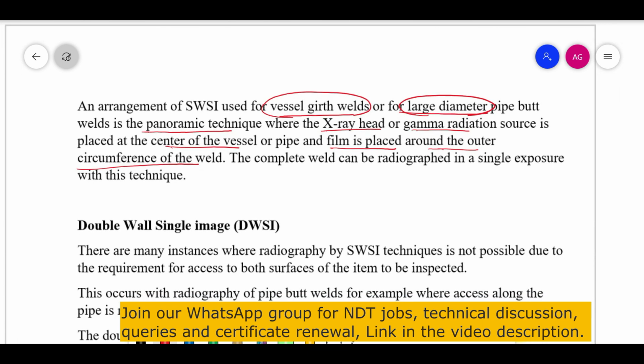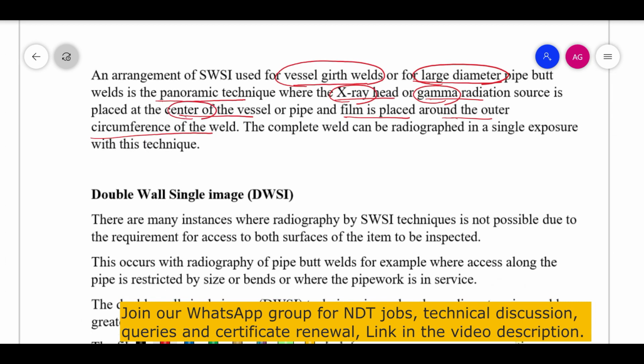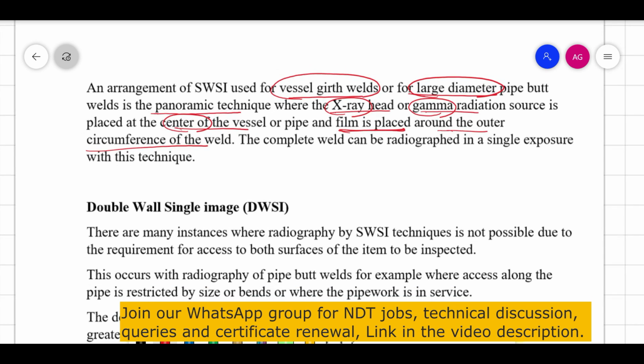Here you can use either X-ray or gamma ray, both types of radiography source, and you have to keep the source at the center of the pipe or vessel and the film is placed outside. Generally in shell welding, a circumferential type joint is radiographed with this technique.